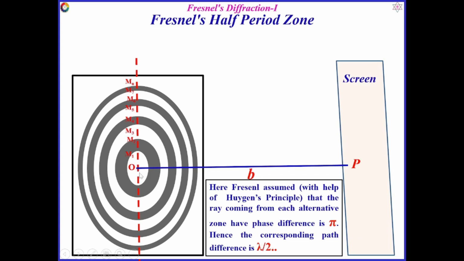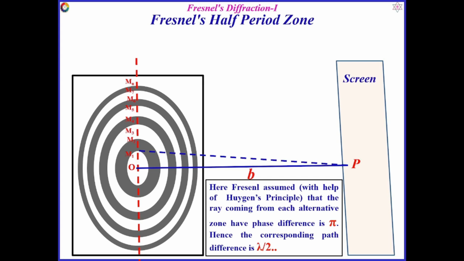The ray coming from the first zone to P along this path, and the ray coming from the second zone along this path, both have a phase difference of pi. Likewise, considering the fifth and sixth, the phase difference is also pi. If the phase difference is pi, the corresponding path difference will obviously be lambda by 2.